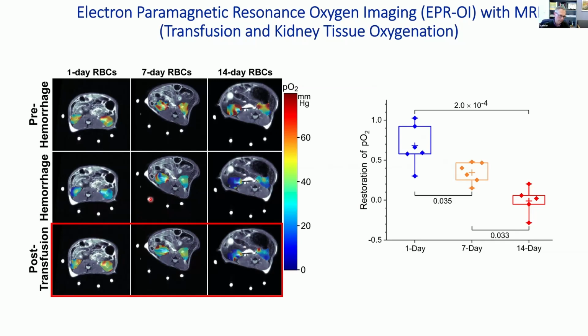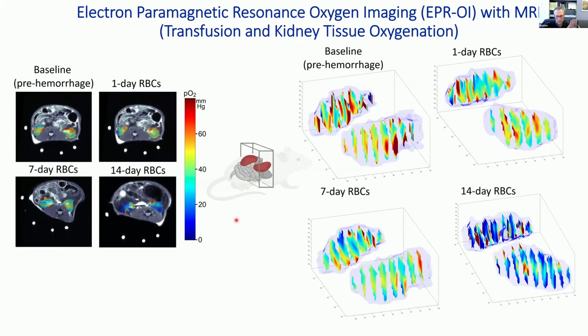But from this standpoint, looking at the types of things we looked at with this type of imaging, we can extend it to other tissues as well. And then obviously having it coupled with anatomical structure and MRI, it's useful for doing multi-tissue analysis, and for looking at a three-dimensional approach to the oxygenation throughout tissue.